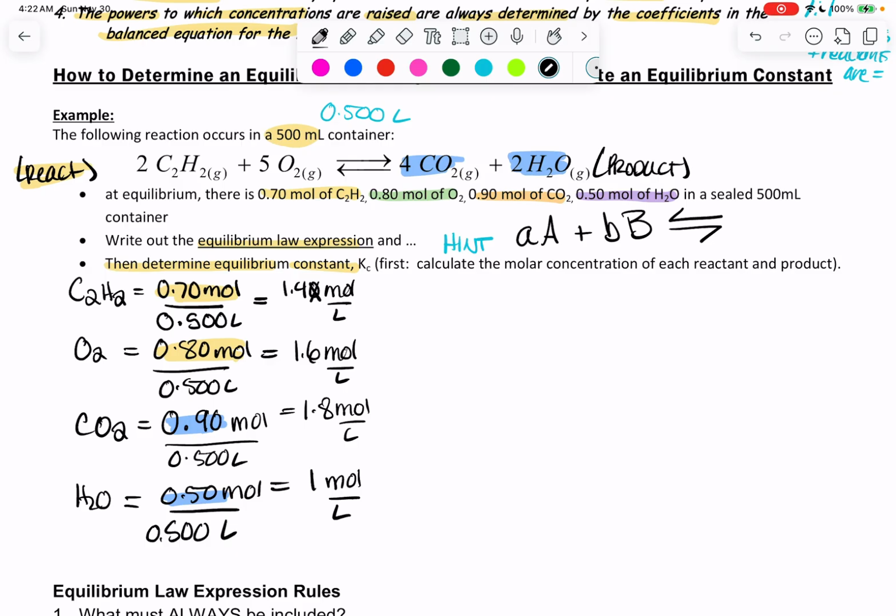And then little c, big C, plus little d, big D, where these values are the coefficients and these values are the compounds.